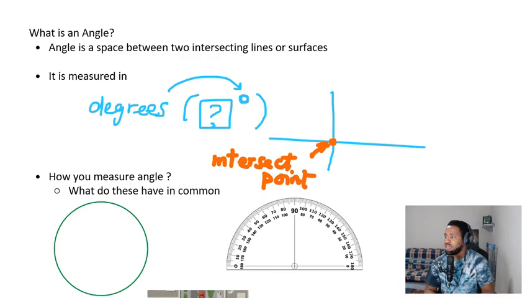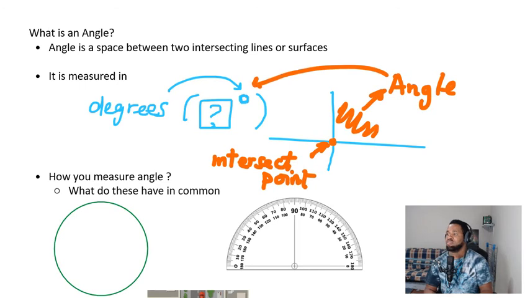This particular space that you see right here is called the angle, and the angle is a specific number, which is represented in degrees. So if the space is measured as 90, then the angle is called 90 degrees. That is how you measure the angle of intersecting lines.